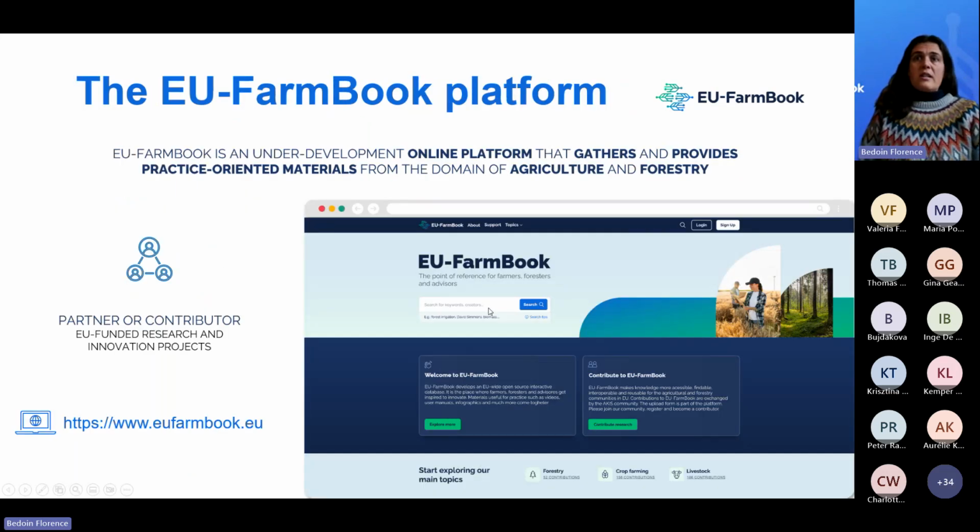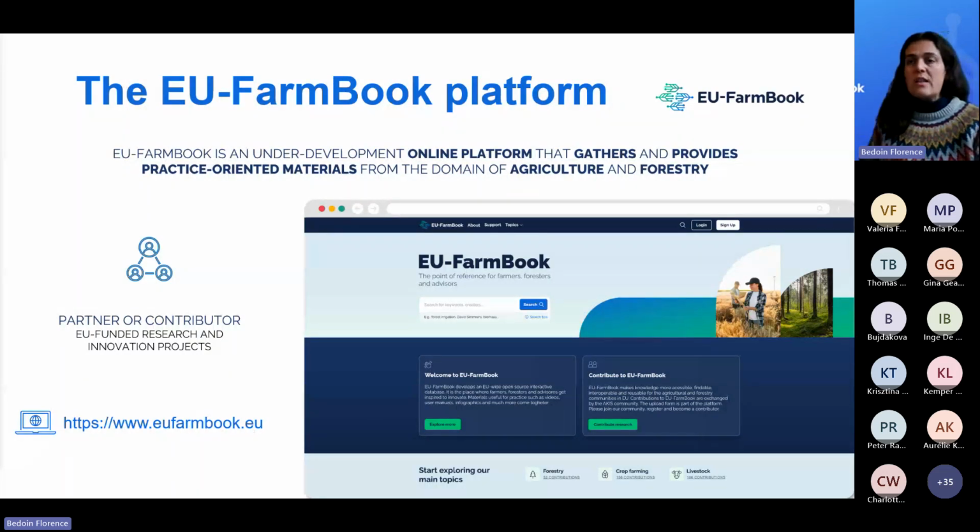If you are here, you probably already know a bit what the EU-FarmBook is, but to set the scene again, I will tell you a few words about it. It's an online farm platform. You can go to the web address, EU-FarmBook.eu, to see it.